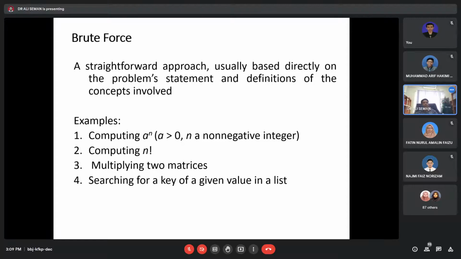Third is multiplying two matrices. We have matrices A and B and need to multiply them to get the product of A and B. Fourth is searching for a given key value in a list, like sequential search. So these are some examples to understand brute force.